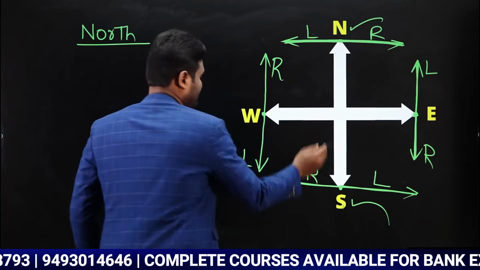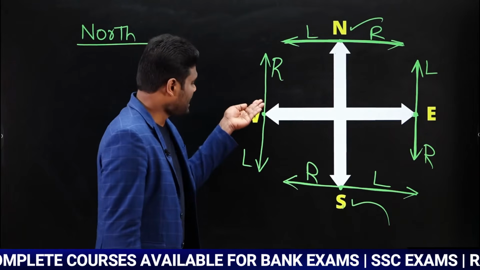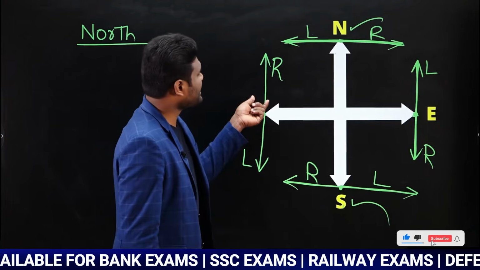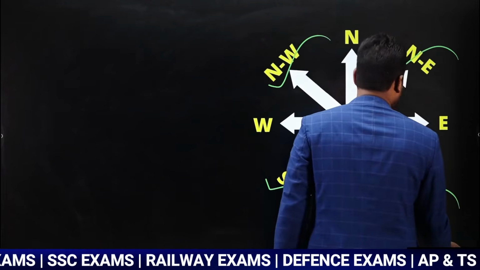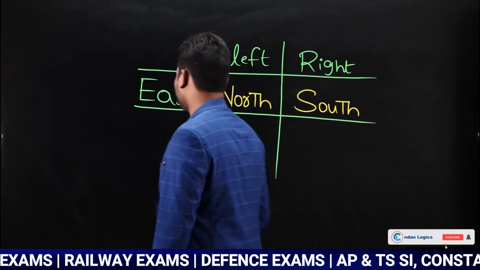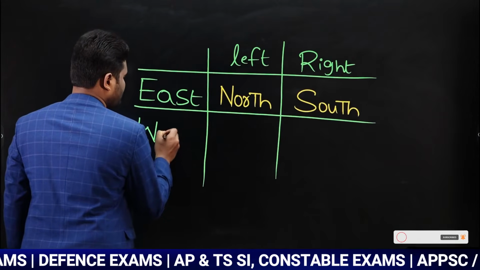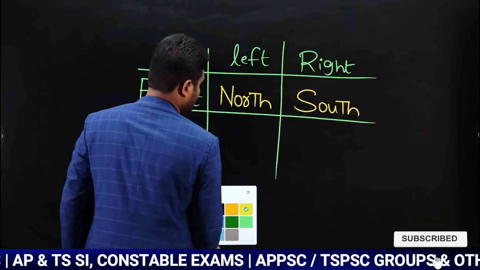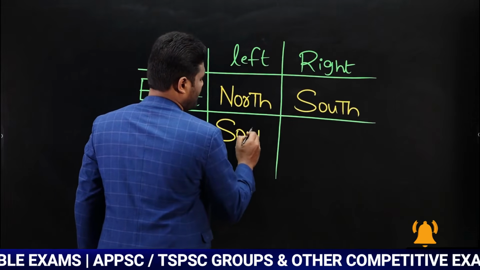Is that clear? So when the person is facing towards west, left of the person is towards south direction and right of the person is towards north direction. Okay, write the same thing here. When the person is facing towards west direction, left of the person is towards south.